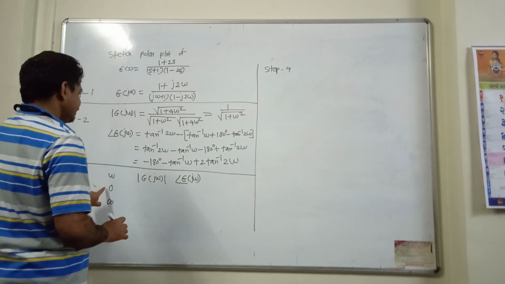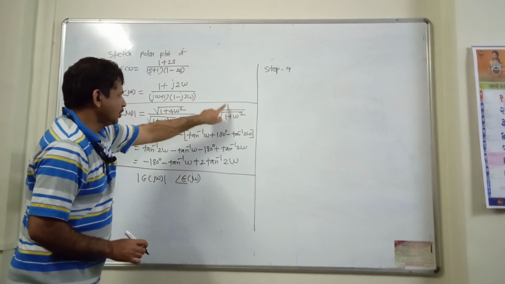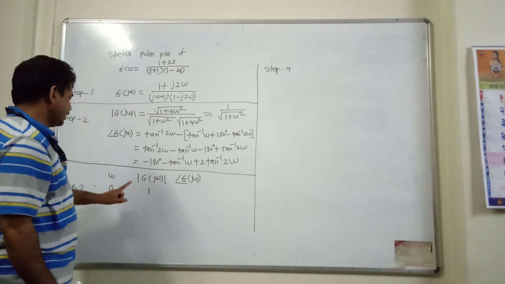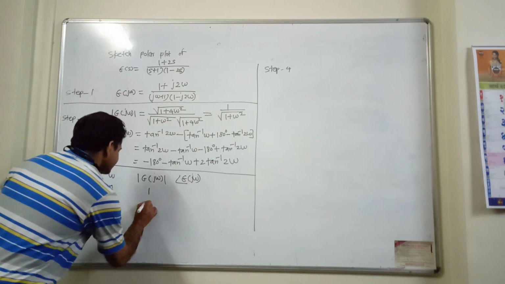I put here omega equal to 0. So this is 0. If I put here 0, root 1 is 1, 1 by 1 is 1. And now I put here infinity. Then this is 1 by infinity, which is 0.